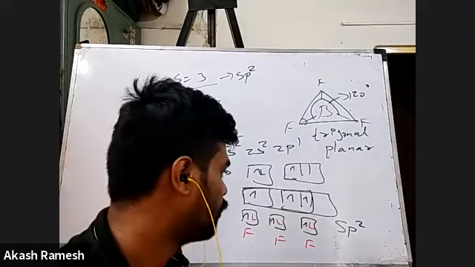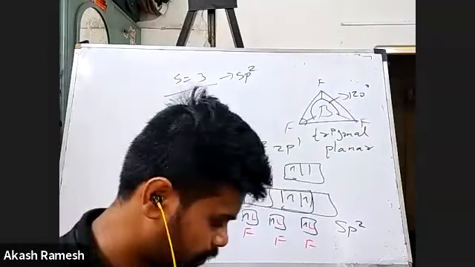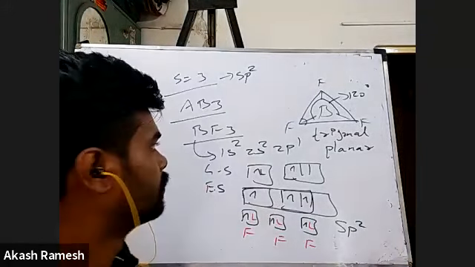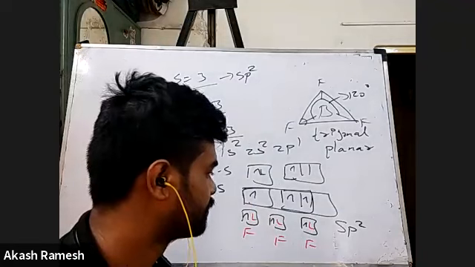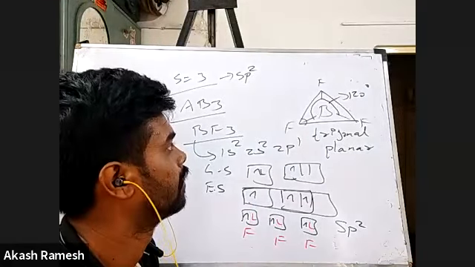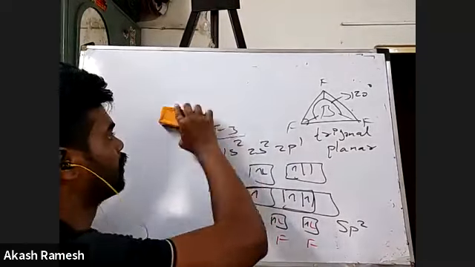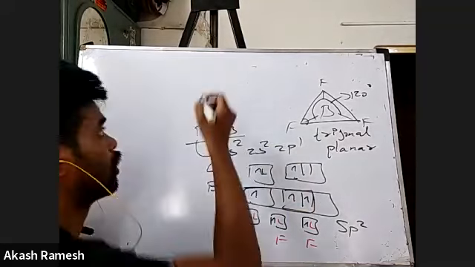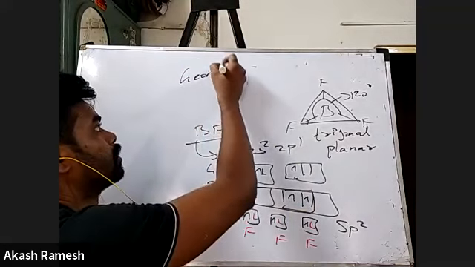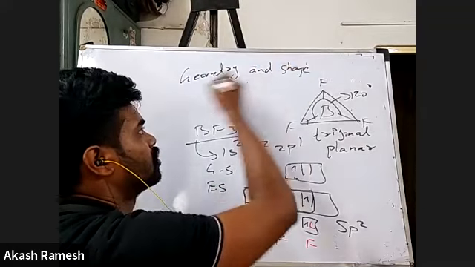Now, I want to introduce you to one thing. So guys, please take this down. I will introduce you to the concept of geometry and shape. There is a difference between these two.